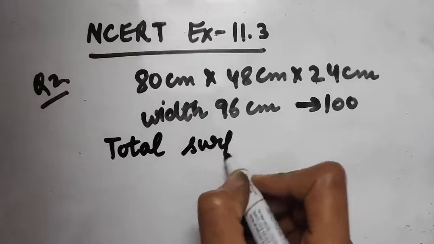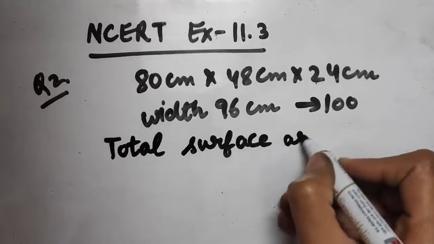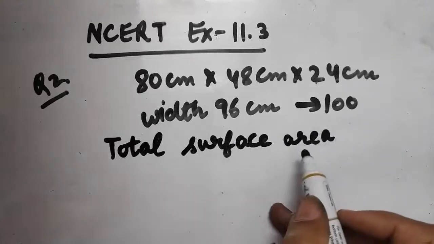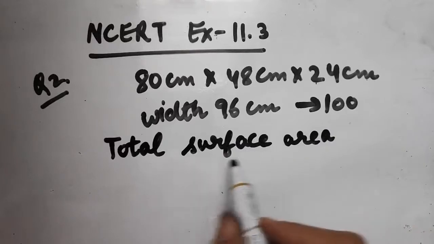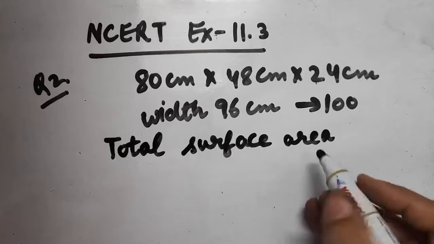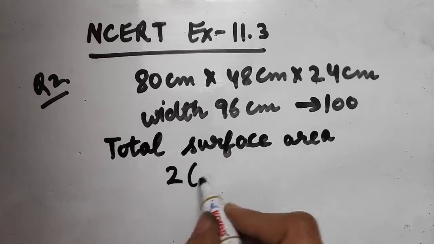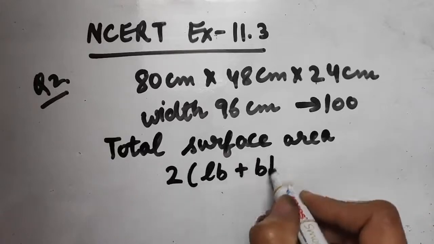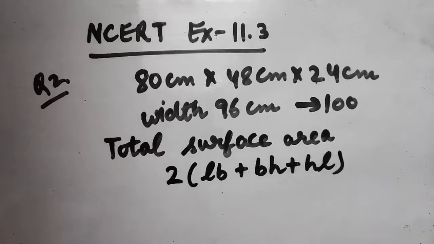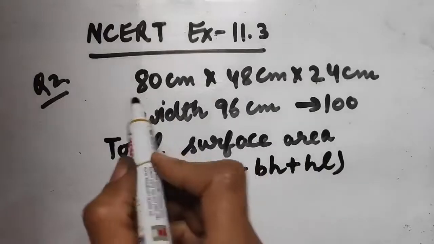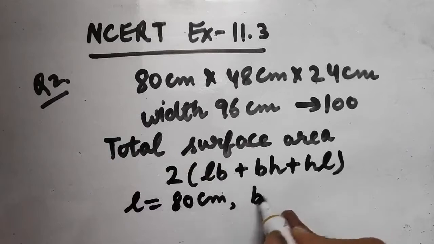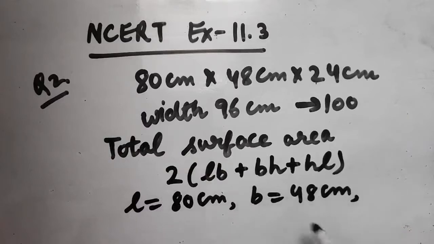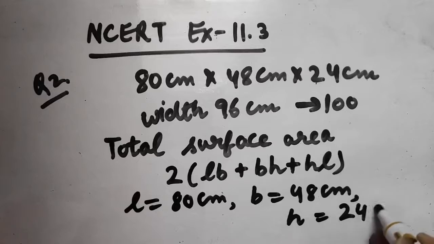Total surface area of the suitcase we are supposed to find out, and as the suitcase is in the shape of a cuboid, we know the formula that in case of a cuboid the total surface area is given by 2 bracket LB plus BH plus HL. Putting the values: length is equal to 80 centimeters, breadth is equal to 48 centimeters and height is equal to 24 centimeters.